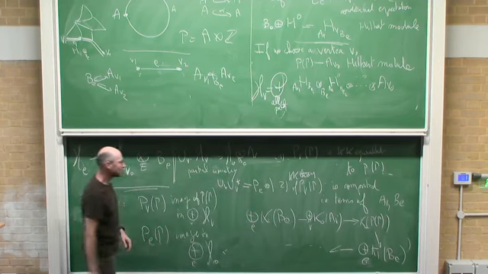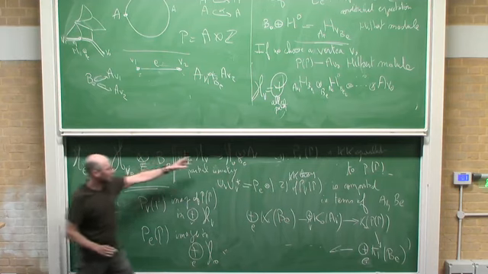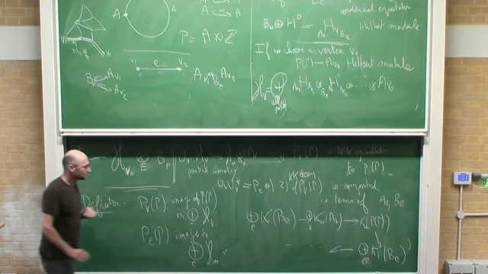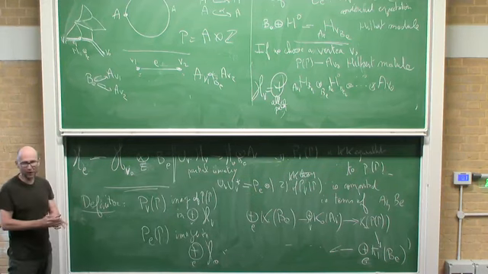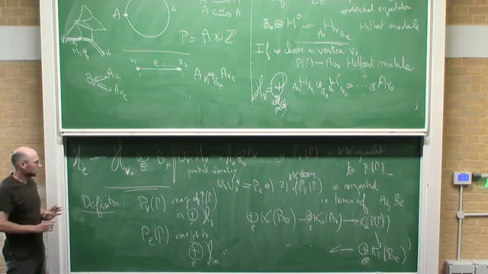It's a projection that is actually just in this part, and not when I have to tensor with A. Okay, and this is the projection you use to produce your KK1 element.